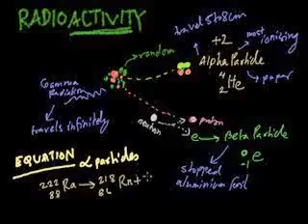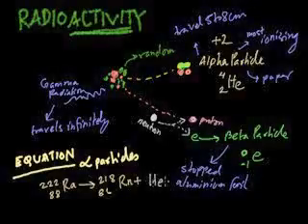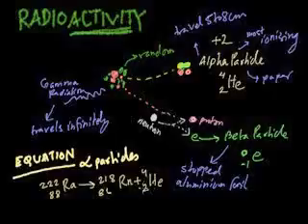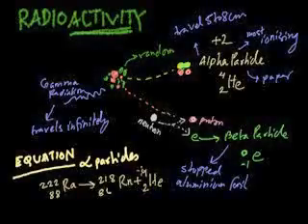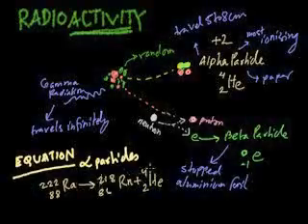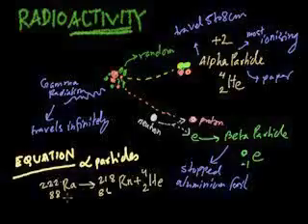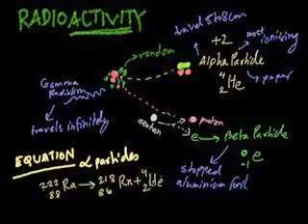Now why is this happening? Because an alpha particle has mass number 4 and proton number 2, 2 protons and 2 neutrons make it 4. So if you balance it, you will see that 218 plus 4 is 222 and 86 plus 2 is 88. So they have to match.